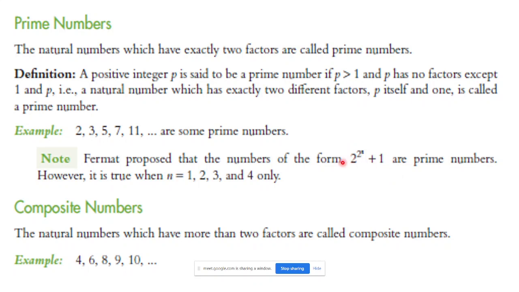This formula is suitable when the values of n are 1 or 2 or 3 or 4 only. If you take other than these 4 values, that number may not be a prime number. Who proposed that the numbers of the form 2 power 2 power n plus 1 are prime numbers? Fermat, a mathematician.